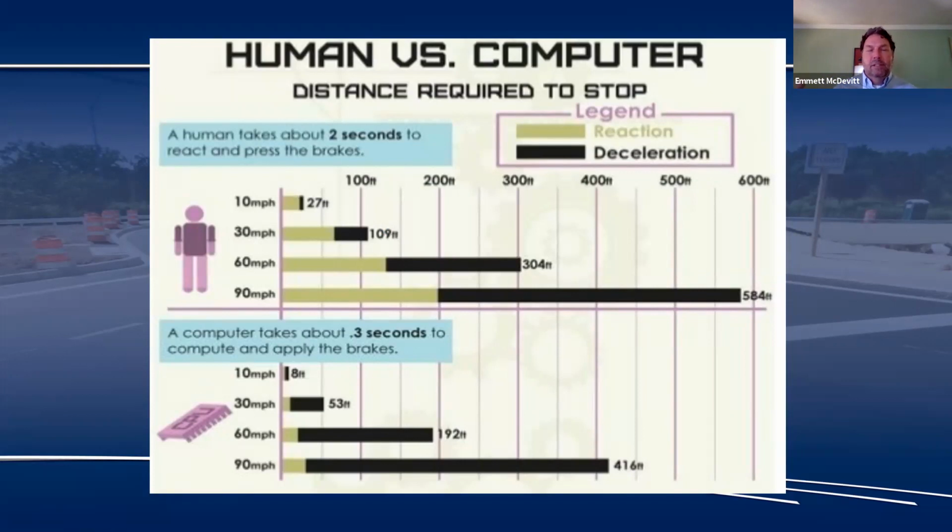Now, the braking distance, the deceleration is always going to remain the same because that's just based on the braking of the vehicle. But you can see where the distance is significantly reduced with a computer chip over a human. And again, just these little things add to bigger things in terms of reducing fatalities and serious injuries.